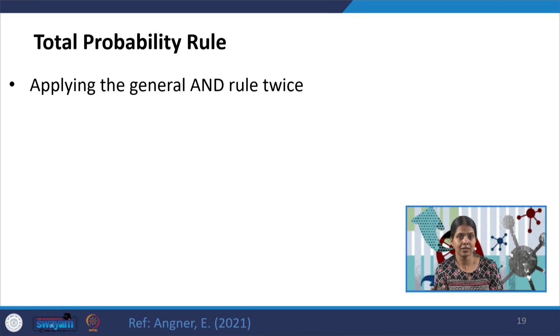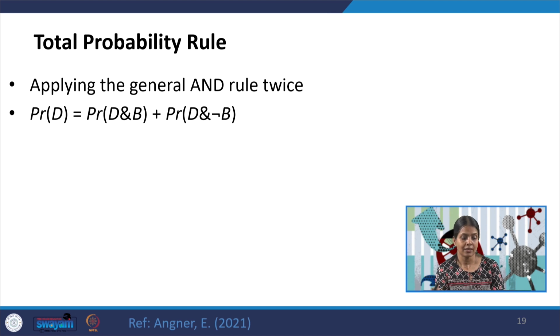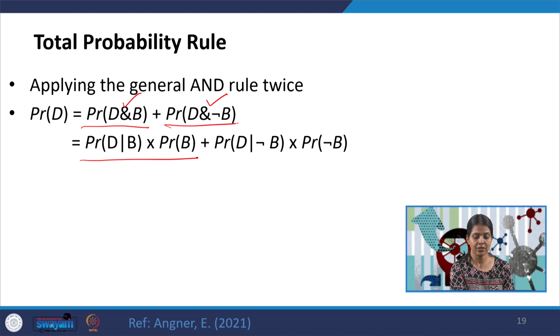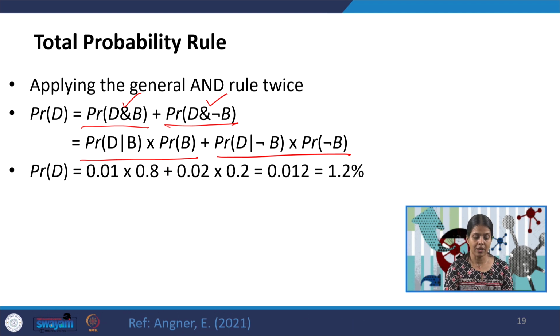Now, applying the general AND rule twice, that is, one for D and B and another for D and not B, what we observe is that this is expanded like this, and this is expanded like this, and now we plug in the values. What are the values?